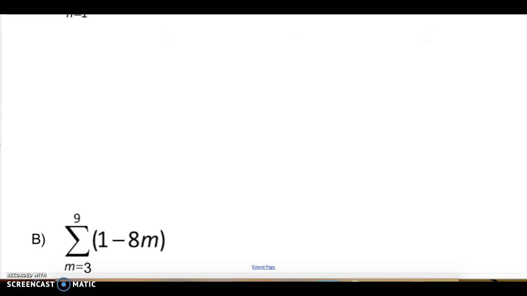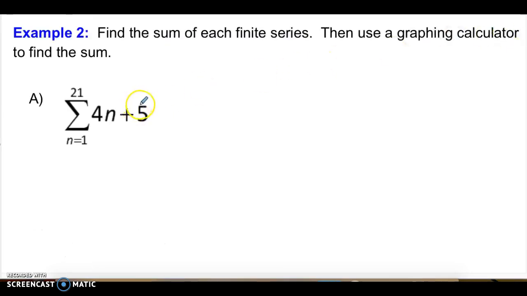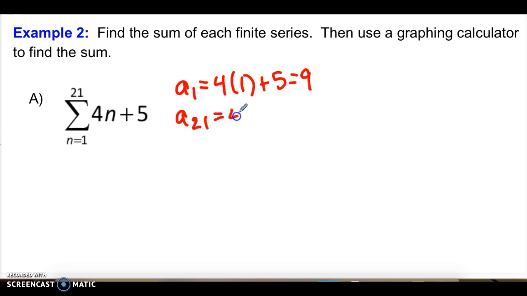Okay, next example, we are given the summation notation and asked to find the sum. To find the sum, we need to know the first term. So we're going to plug 1 in for n: 4 times 1 plus 5 is 9. We need to know the 21st term, so we're going to plug 21 in for n, 4 times 21 plus 5, and that's going to give us 89.